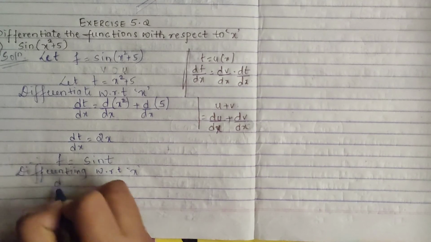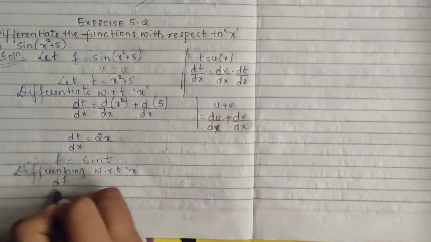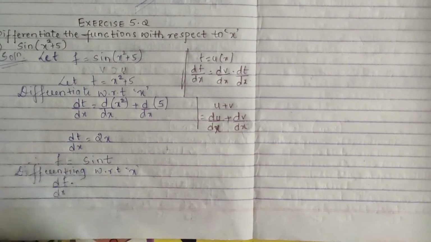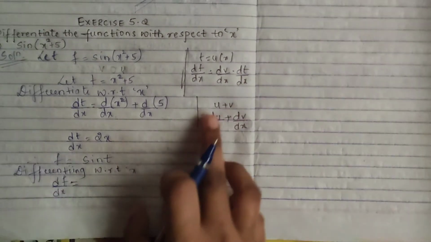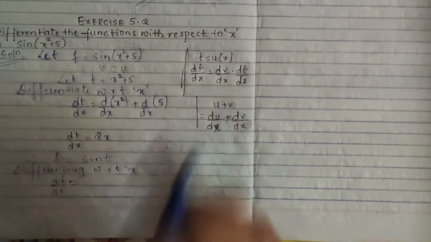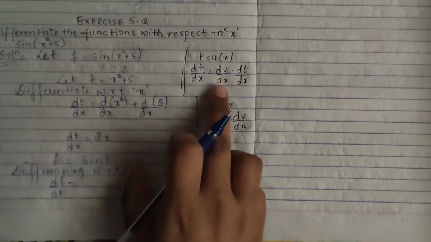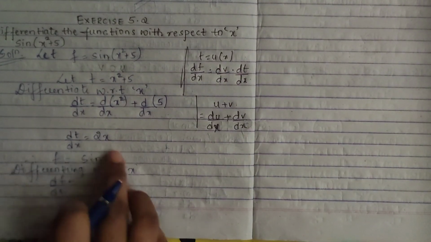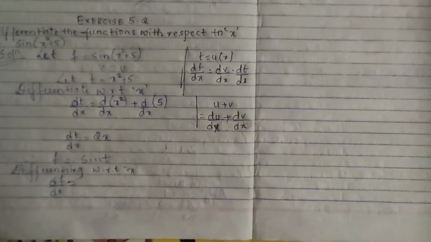So this becomes df by dx is equal to dv by dx into dt by dx.